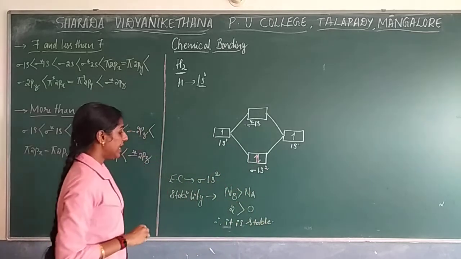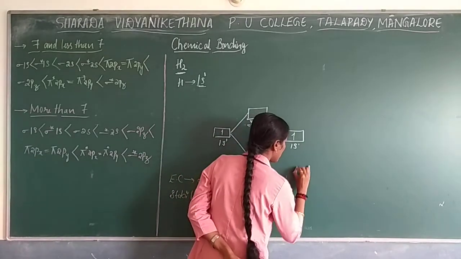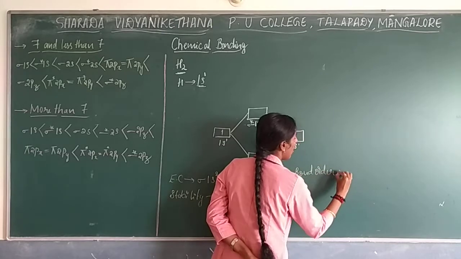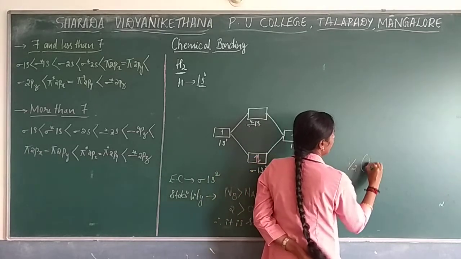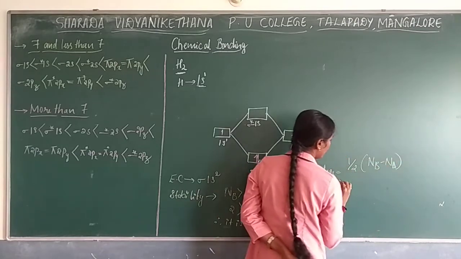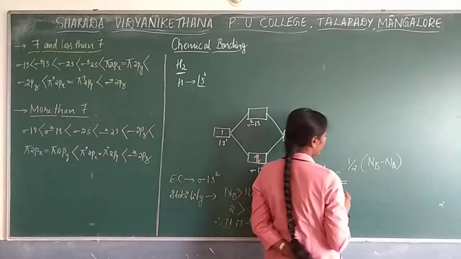Next we will go with bond order. What is the formula for bond order? That is half into Nb minus Na. You know the values of Nb and Na, so we need to substitute them here.